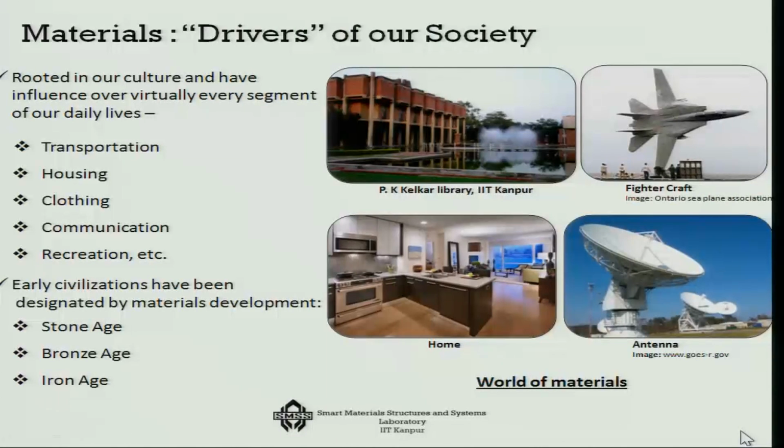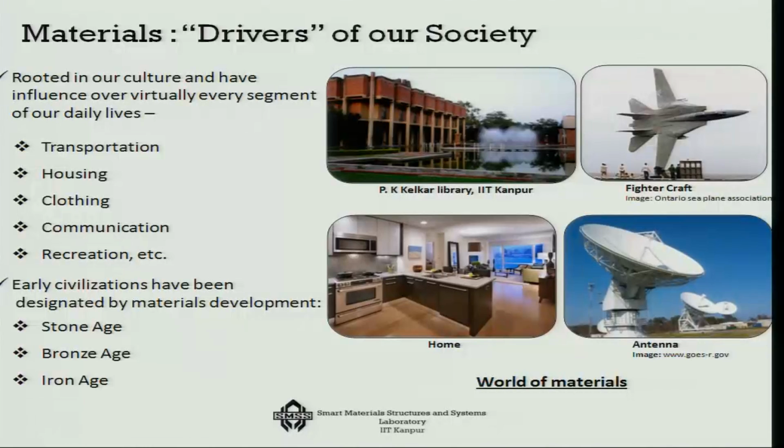As you know, materials are the drivers of our society and various applications. Think of transportation: without materials you cannot build an automobile, a car, a cycle, or an aircraft. For the entire transportation you need some material.